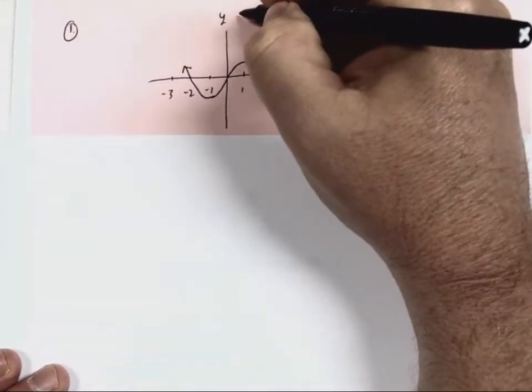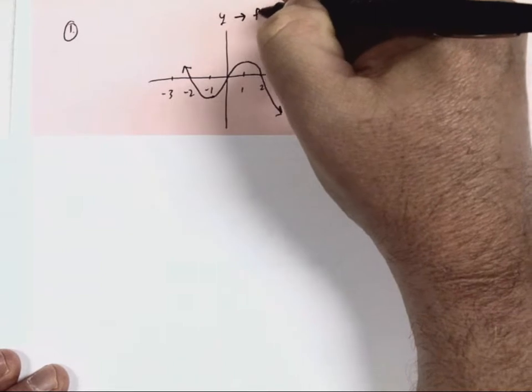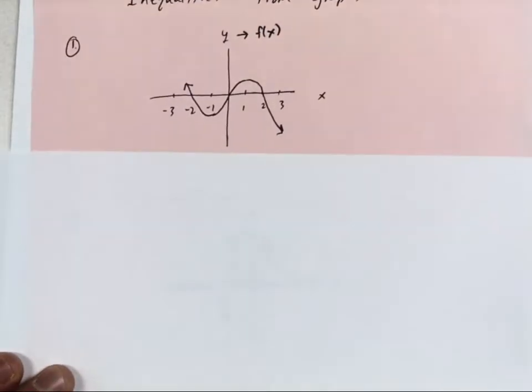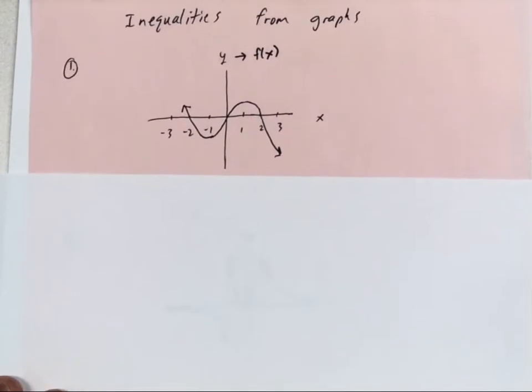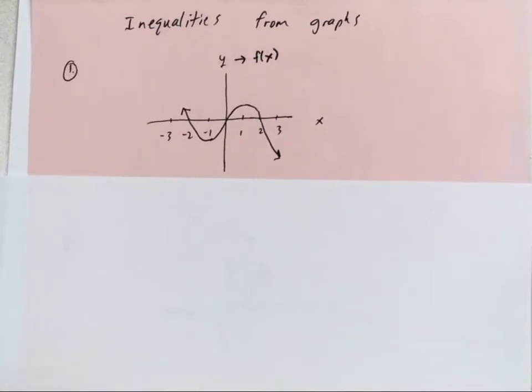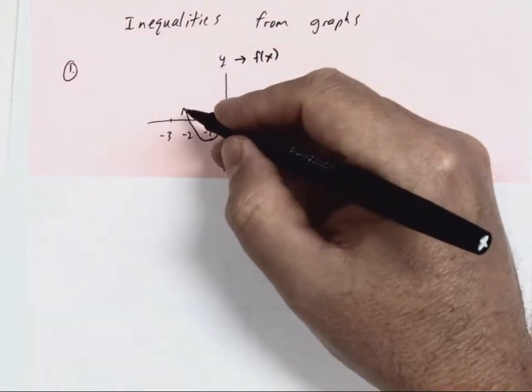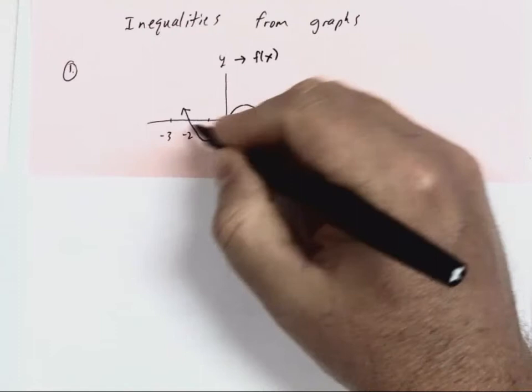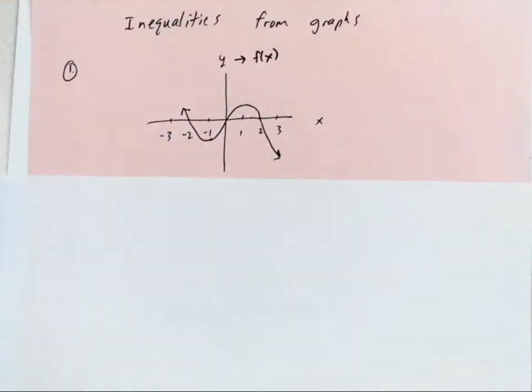Of course y is the same thing as f of x. This is really my function. So this is the graph of my function, and here are the values of x.